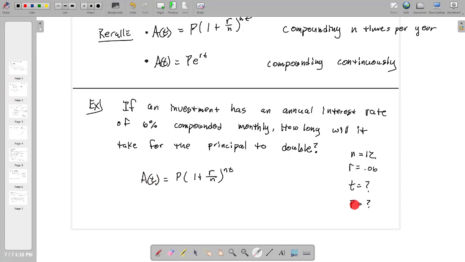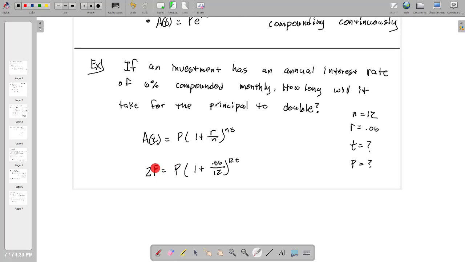So let's just leave the principal as P for now. Now, our A of t is going to eventually be twice the principal, so 2P will equal our principal times (1 plus our rate, 0.06, divided by n, which is 12) to the 12t. Now we have everything that we need.